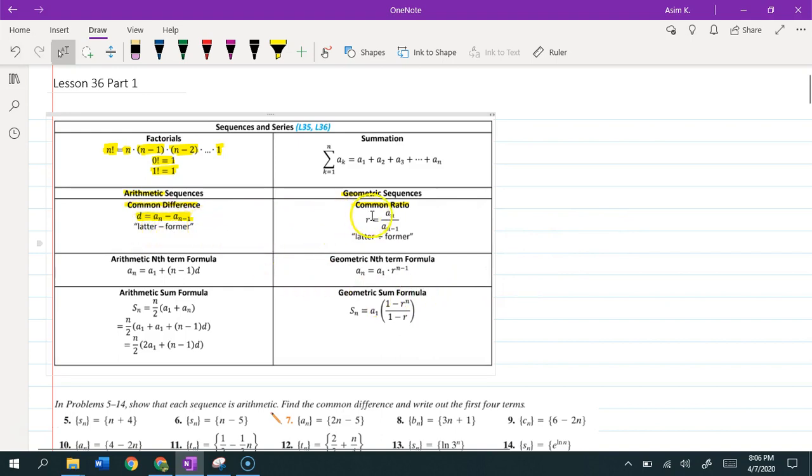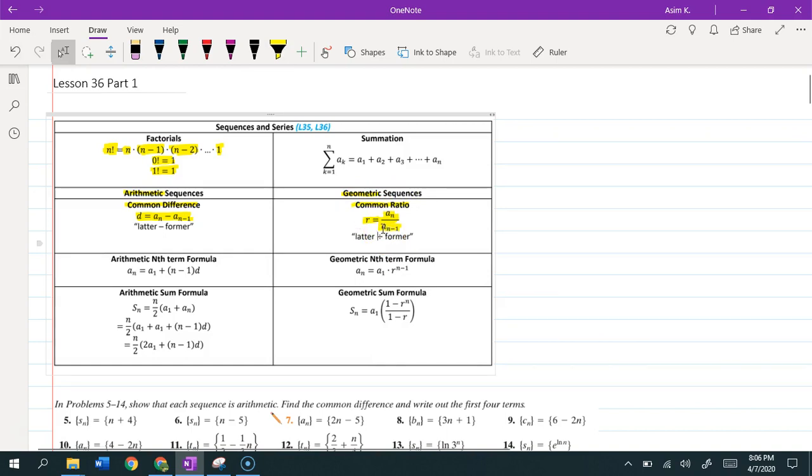Then on this end, that one is rather different, and we'll talk more about this in detail in the next session when we talk about geometric sequences. What the other formula is telling you is that common ratios are the latter term divided by the former term.